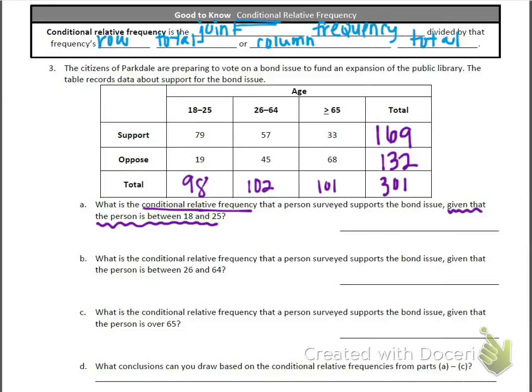So of those 98 18 to 25-year-olds, what is the conditional relative frequency that they support the issue? So it's asking, of the 18 to 25-year-olds, how many supported the issue? So my denominator is going to be 98, not the grand total. That's what the conditional part means. Whatever the given is, given that their age is between 18 and 25, I know I'm only looking at these 98 people, so that's going to be my denominator.